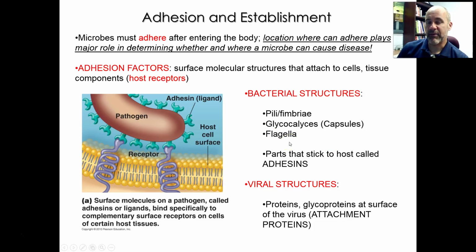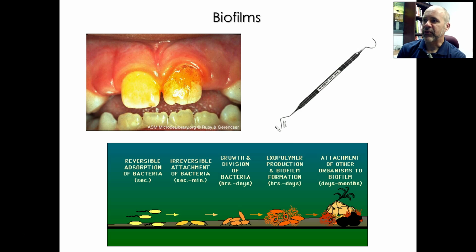So we're used to thinking about flagella as things that allow motility, movement, but some bacteria and some protozoans as well can use their flagella for multitasking purposes. They can use them as adhesion factors as well to help them stay in place at some location in the body. And then, as I mentioned, features on the surface of viruses can help them attach to their host cells as well.